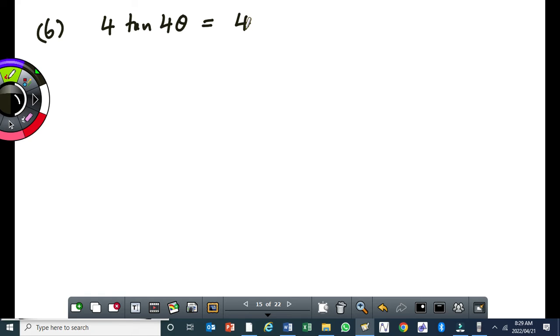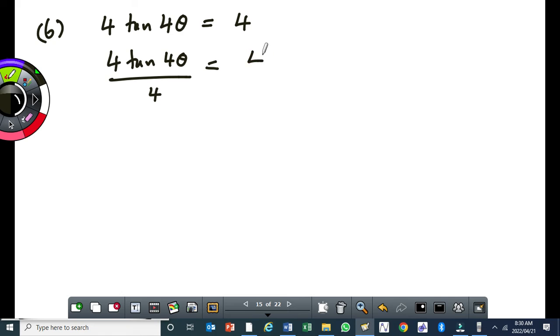Our coefficient is a 4. The coefficient of tan 4 theta is a 4. So the first thing is to divide by the coefficient of tan 4 theta, which is this 4 here. So we need to isolate the tan 4 theta first. So this will become 4 tan 4 theta all over 4.